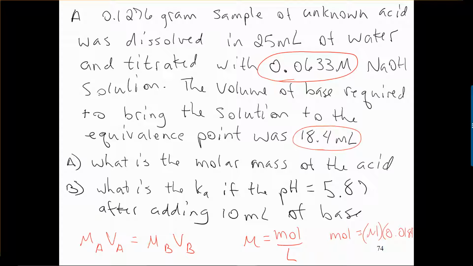Okay? So I convert the milliliters to liters, and I will find the number of moles. And then I simply need to take the grams of the acid and divide it by the moles. Well, the moles of the base equal the moles of the acid because I have reached the equivalence point.